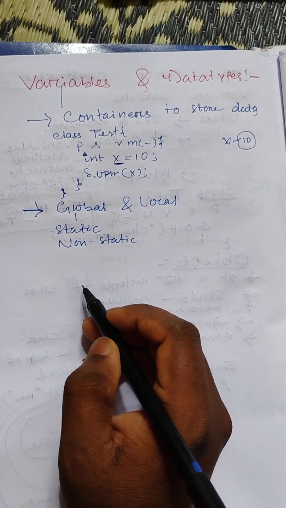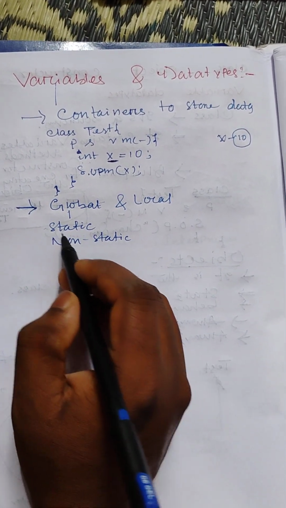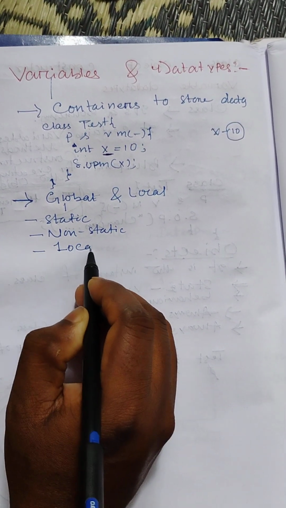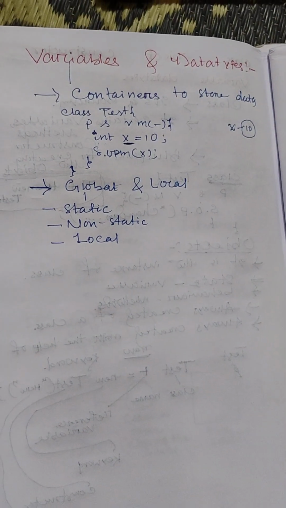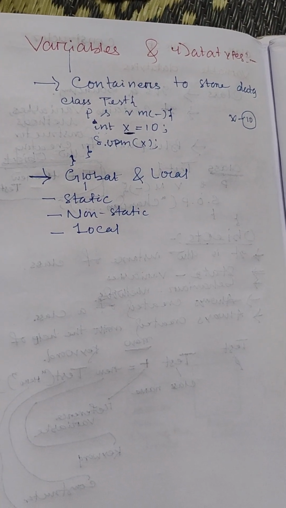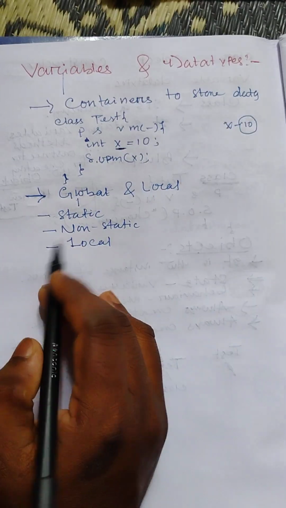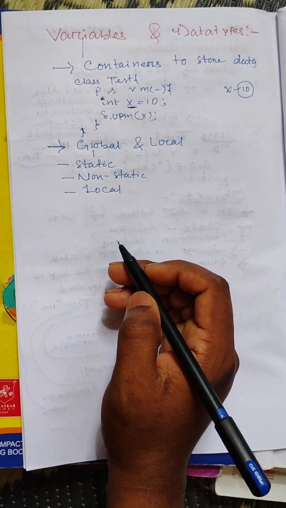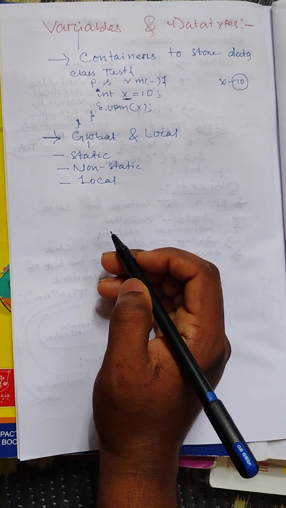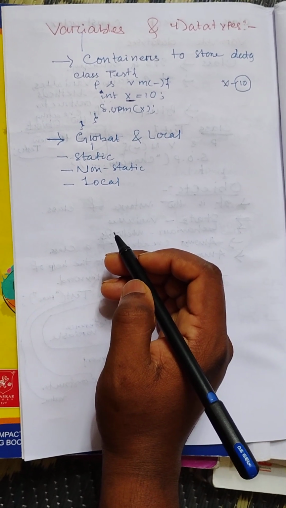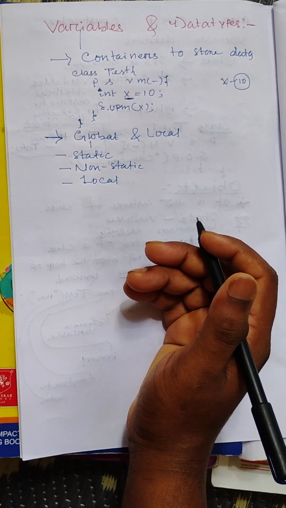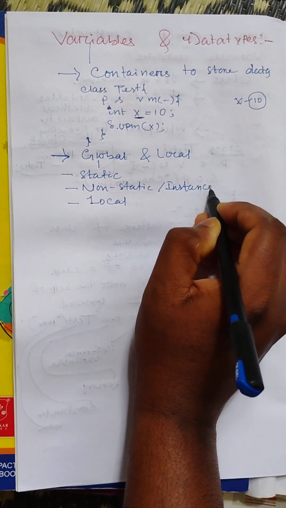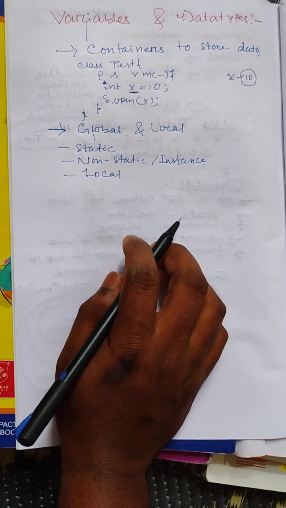So variables are of three types: static, non-static and local. Today I'll teach only static variable. In upcoming videos we'll discuss the instance variable, non-static means instance, and the local variable.